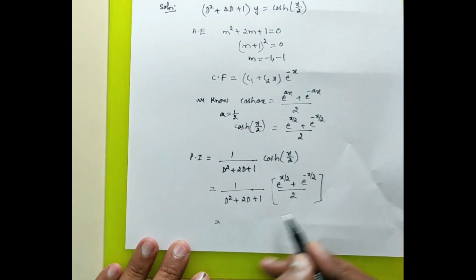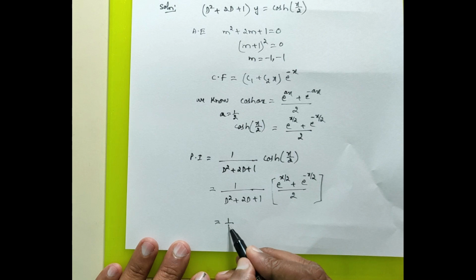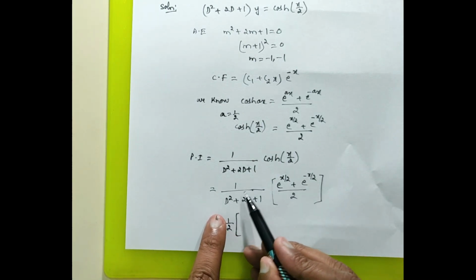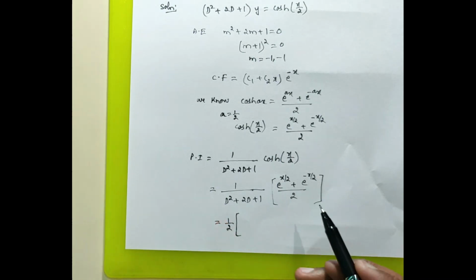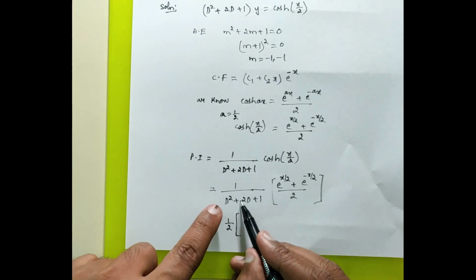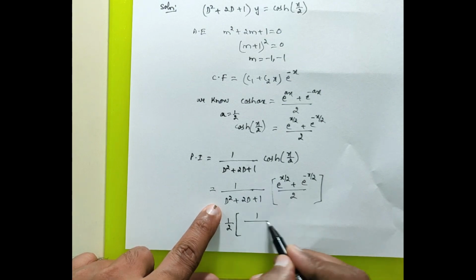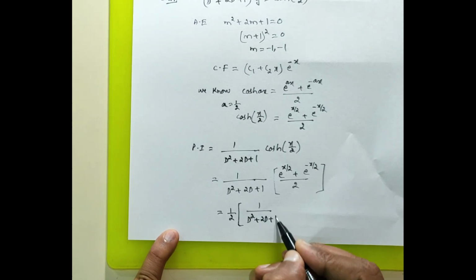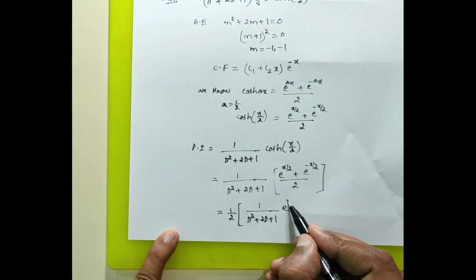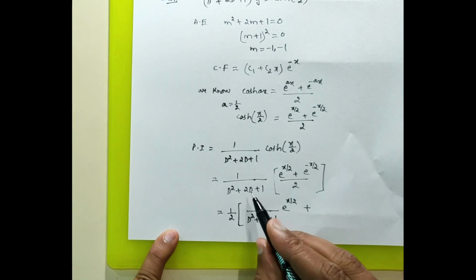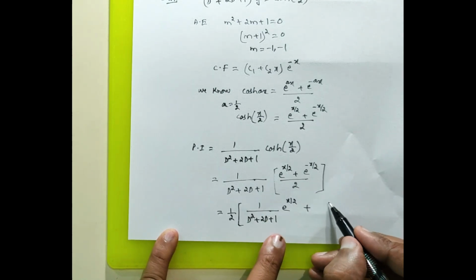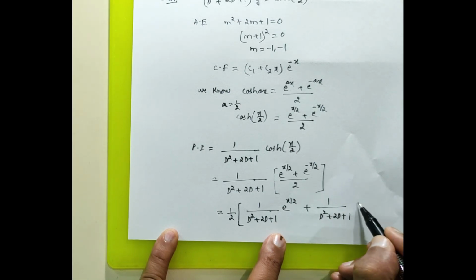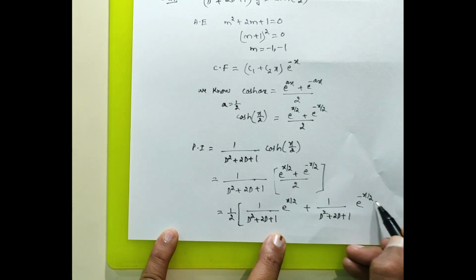Because 1/2 is a constant, I will take that 1/2 outside. Now because there are two terms, I have to apply this operator to the first term separately as well as to the second term separately. So I will be getting 1/(D² + 2D + 1) e^(x/2) plus, again multiplying this operator with the second term, 1/(D² + 2D + 1) e^(-x/2).